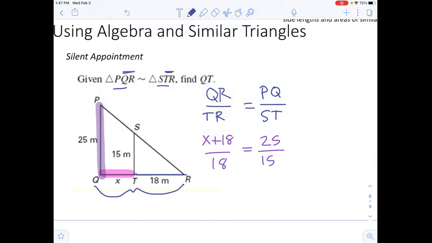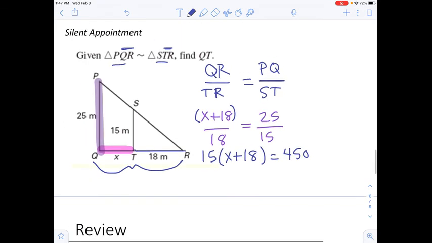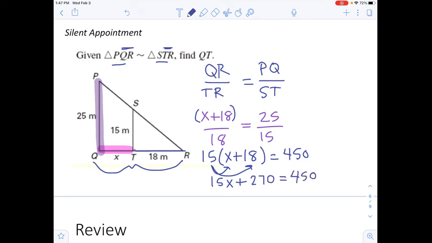So now when I cross multiply, I'm going to put this in parentheses here. And I'm going to take 15 times X plus 18 equals, and then I take 25 times 18, which is 450. So then I'm going to distribute. 15 times X is 15X, plus 15 times 18 is 270, equals our total of 450.